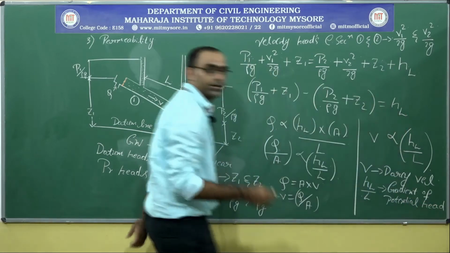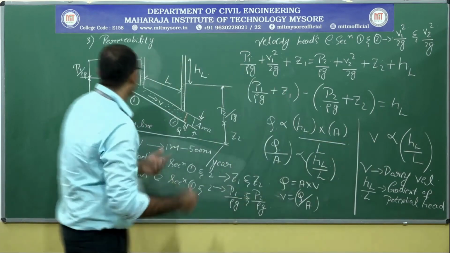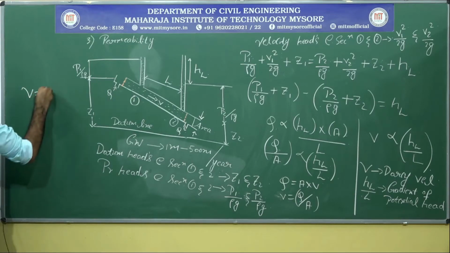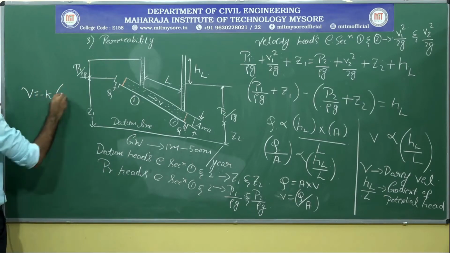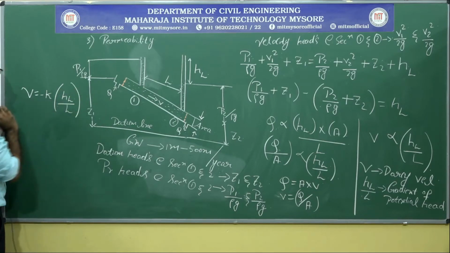Now, look here. I have to remove this proportionality. What I am going to do is, V is equal to minus K into HL by L. Why I have written minus K, I will tell you.